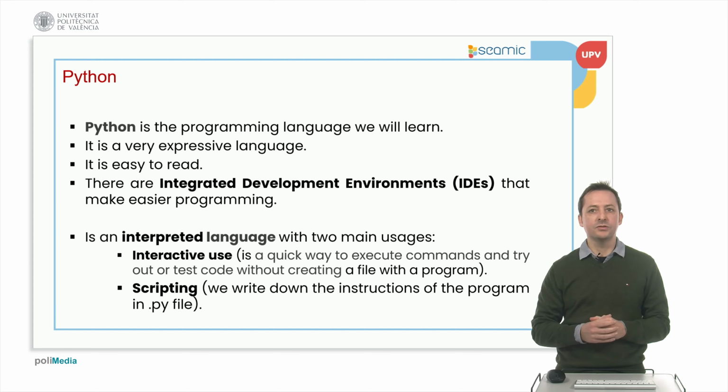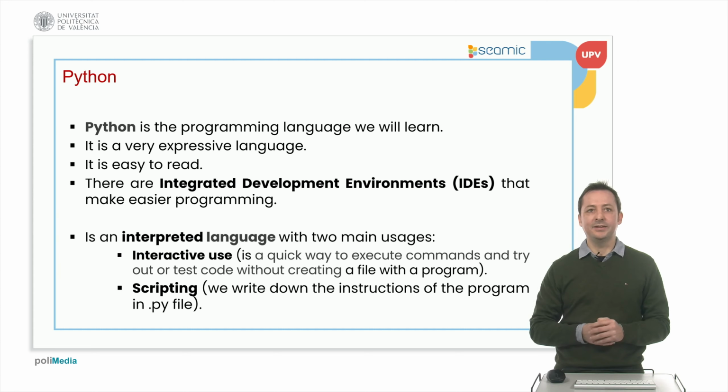It is a very useful language because it has a lot of functionalities to program in these disciplines, and it is a very easy language to learn and to understand. So, as you will see, it's a really good language to start learning programming.